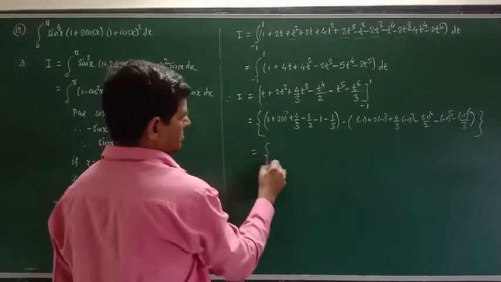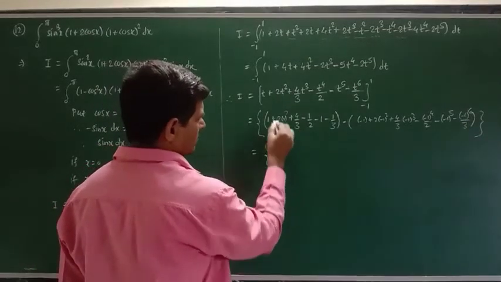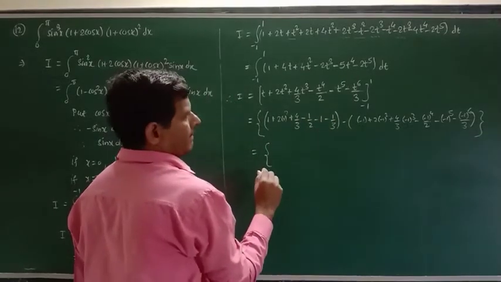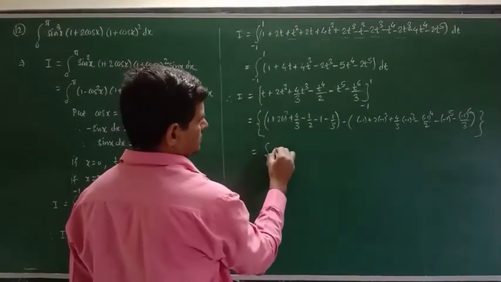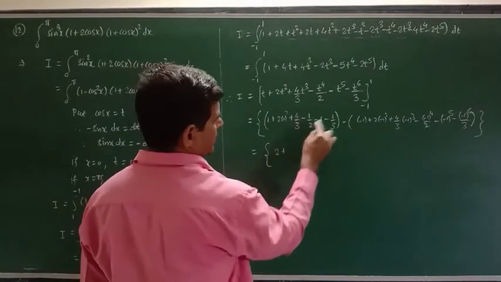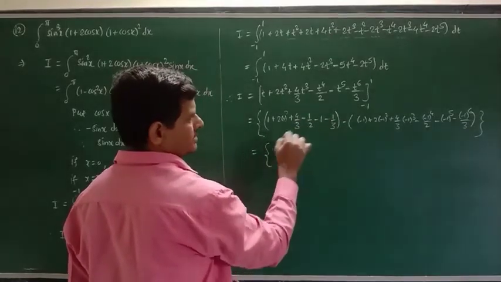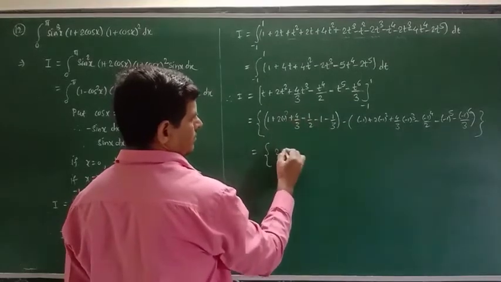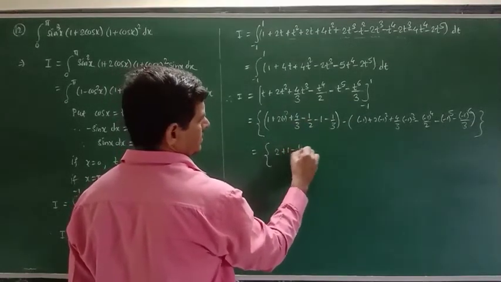So what is the calculation of terms? 1 plus 2 is 3, 1 minus 1 cancel, 2 plus 4 by 3 minus 1 by 3, 3 by 3 is 1, 2 plus 1 minus 1 half.